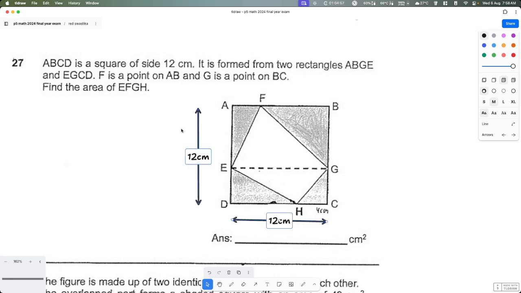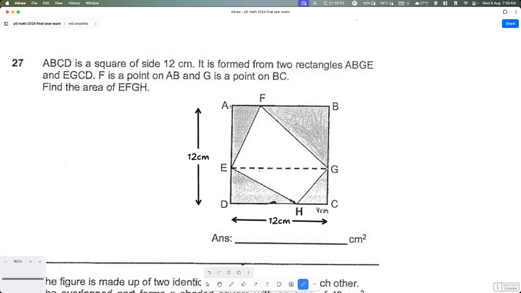Next one, it is formed from two rectangles ABGE. This whole two rectangles over here. F is a point on AB and G is a point on BC. Okay, what about H? Don't leave H alone. All right, so find the area of EFGH.